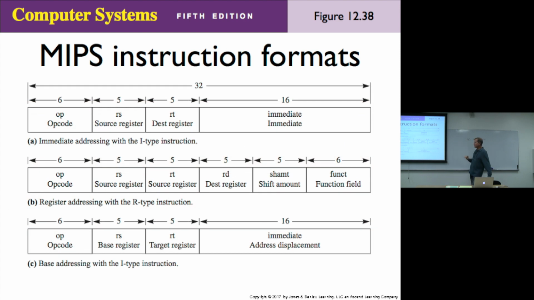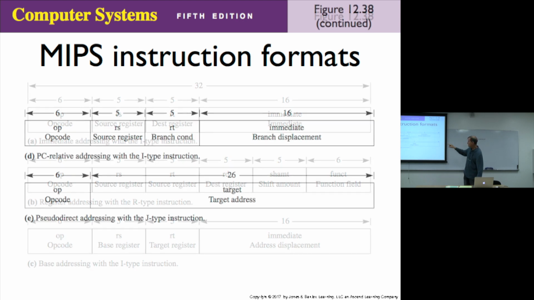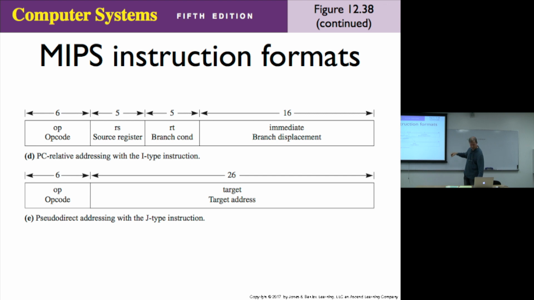Now, figure 12.38. We said there are 5 instruction formats. So here are the 5 instruction formats. In figure 12.38, we have parts A, B, C, D, E. So these are the 5 instruction formats.